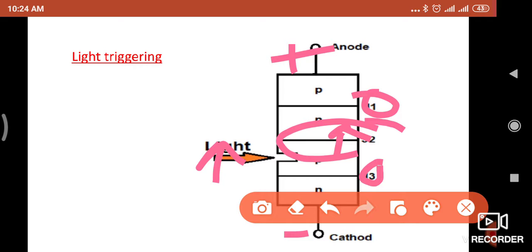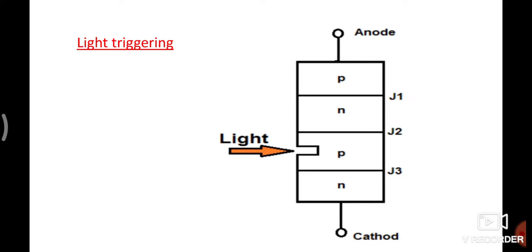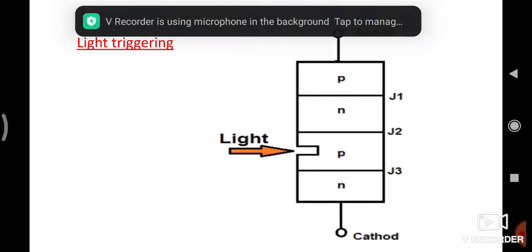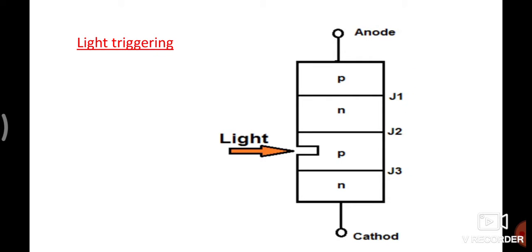So in this way, by applying light with a certain intensity, when the light falls on the p-type region, the free electrons get activated and start moving towards junction J2. Automatically junction J2 vanishes because of the increasing intensity of light.